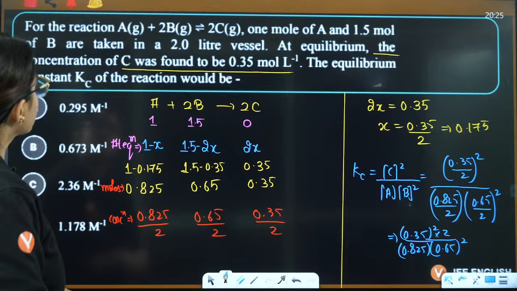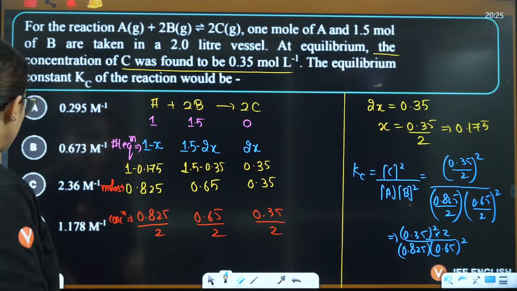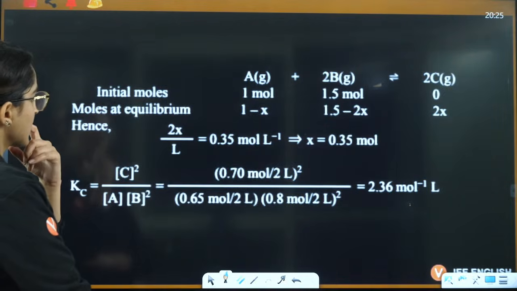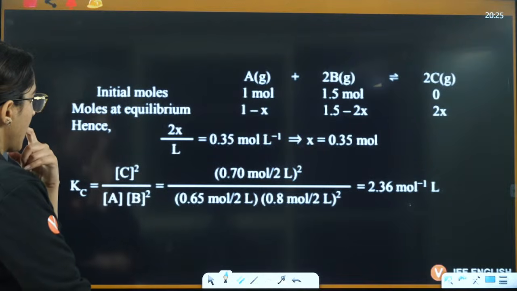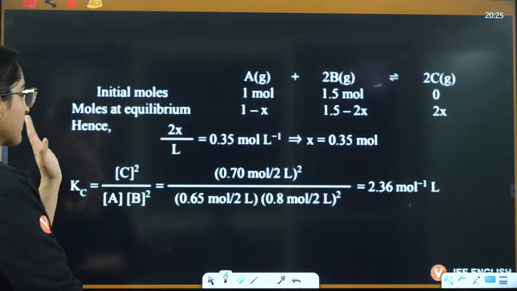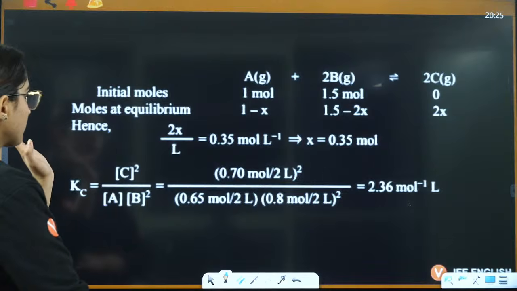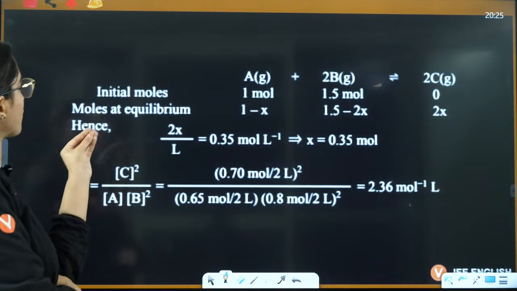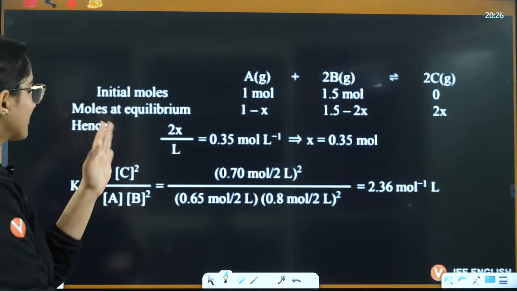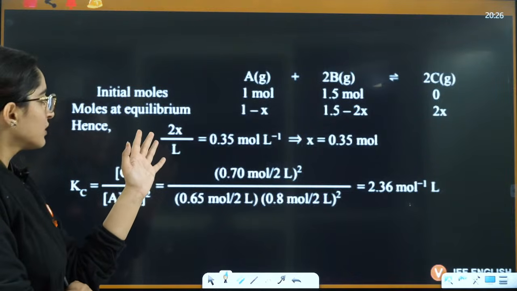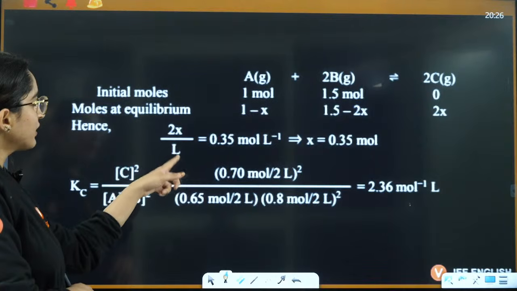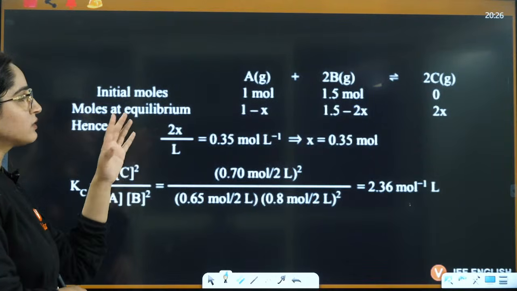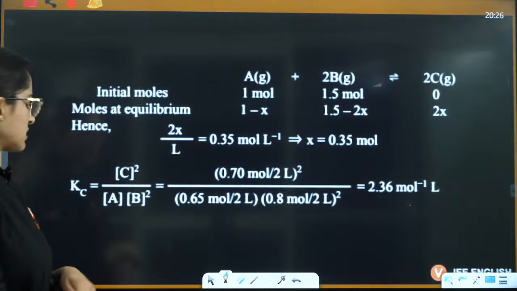The concentration of C was found to be this, no? Okay. Eventually, though, we are getting the same thing only, right? Here they have assumed it, let's say, you can ignore this here. So basically what they have done here, they have already divided it by the, this actually.